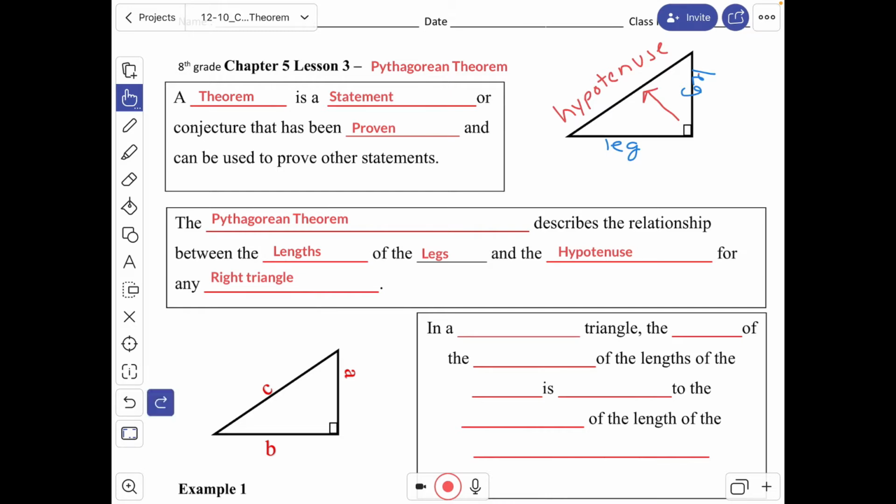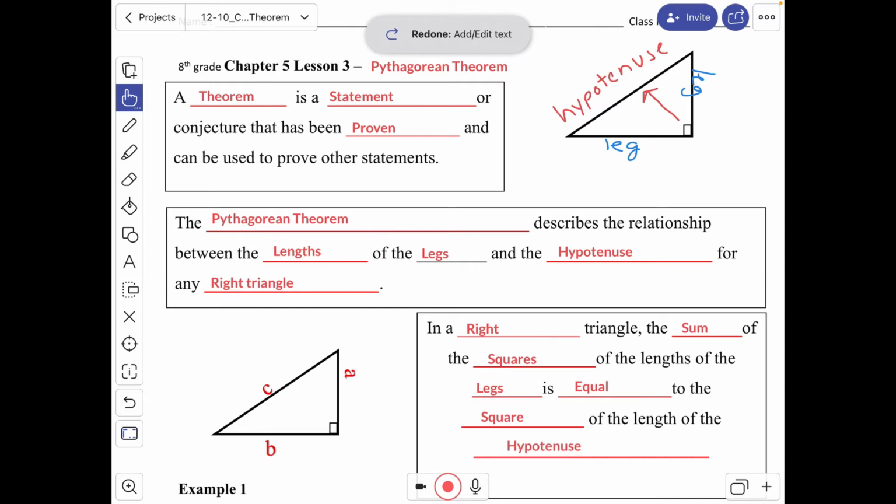The theorem states, in a right triangle, the sum of the squares of the lengths of the legs is equal to the square of the length of the hypotenuse.